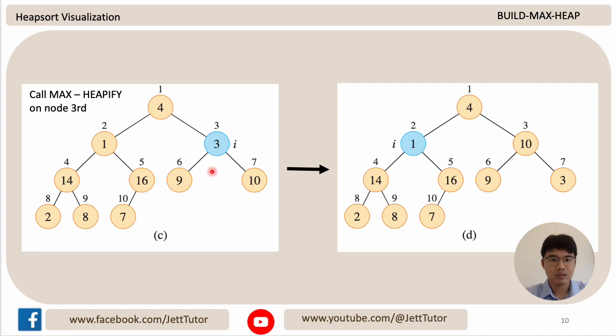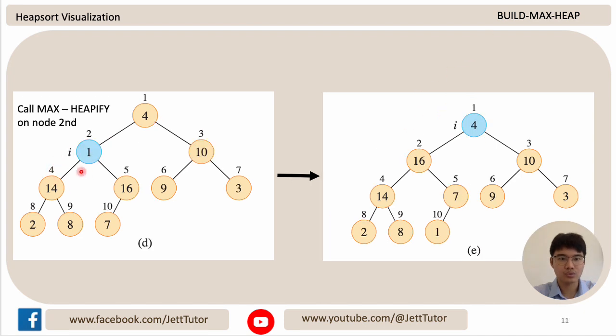After that, the result of calling max heapify has altered the value of node 3 and corrected all the left and right children to be in the max heap property and in good condition. Then we move on to node 2, and we call max heapify on node 2.